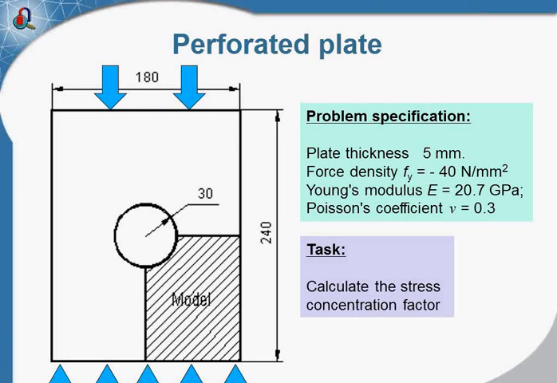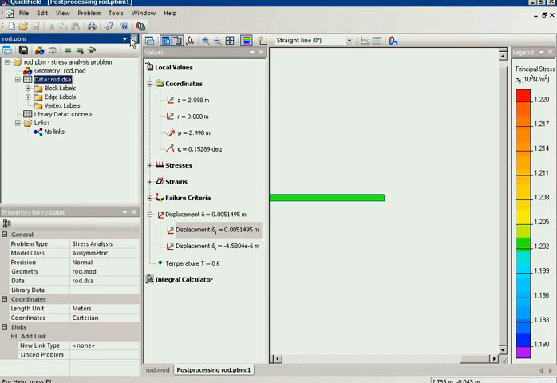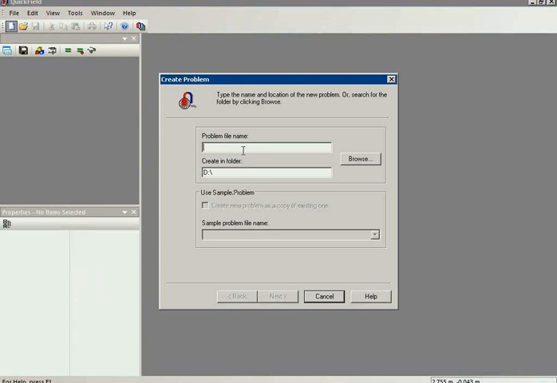Again, for this simple case, I will start from scratch and show you all the steps. So I start QuickField and create the new problem. I specify the problem name and the location folder.